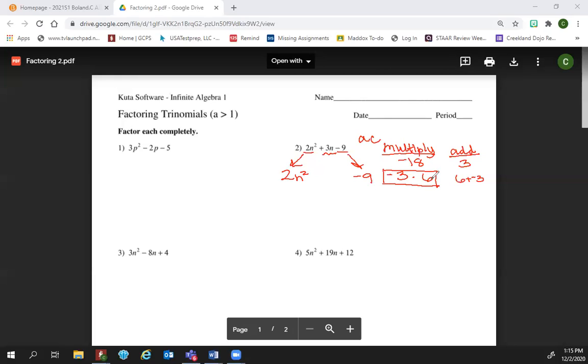Do I put 6 first or do I put -3 first? It doesn't matter. Okay, so you can do -3n plus 6n. So is everyone aware of how and why I replaced that? Yes? Okay.